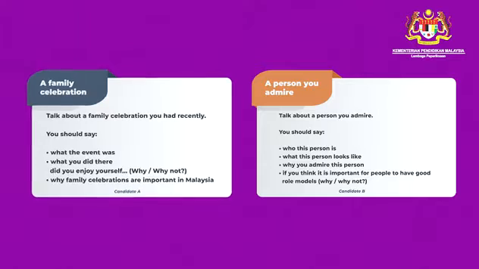Let's pretend that you are candidate A and your partner is candidate B. Candidate A is given a topic by the interlocutor which should be familiar, for example, a family celebration. You have some time to think about the topic and then you talk for about 1 to 2 minutes.